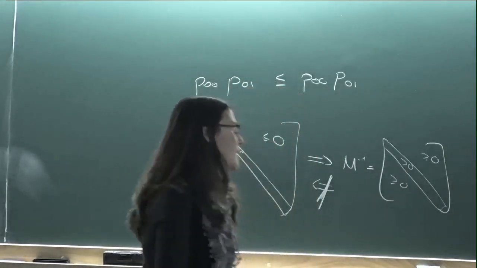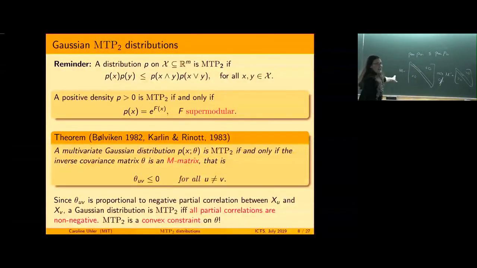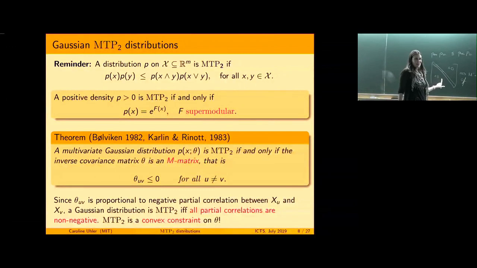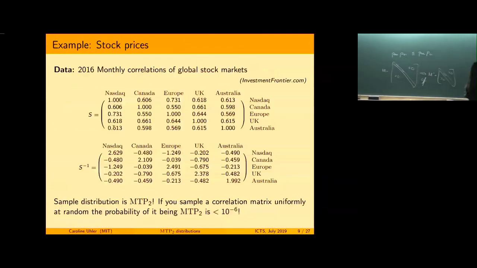Okay. But again, when is the last time that you saw a positive definite matrix where all entries off diagonal were smaller or equal to 0? That's a super strong constraint. But again, I would like you to care about it. So let me actually show you an example of a distribution that actually satisfies MTP2.